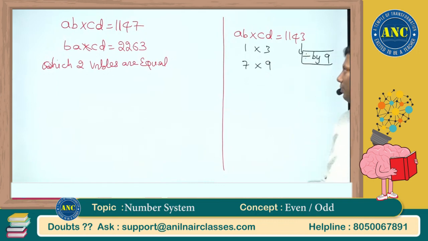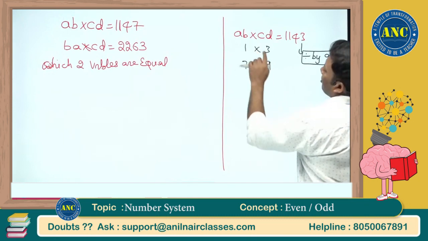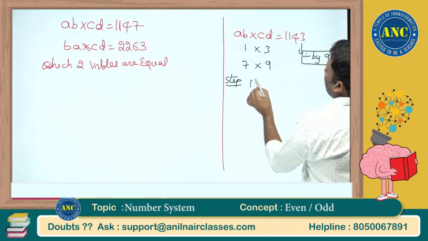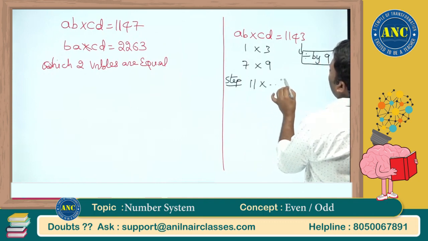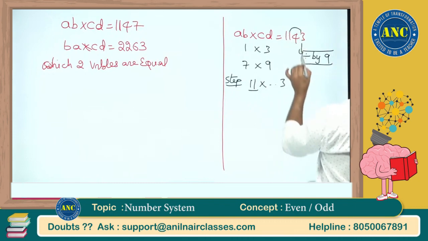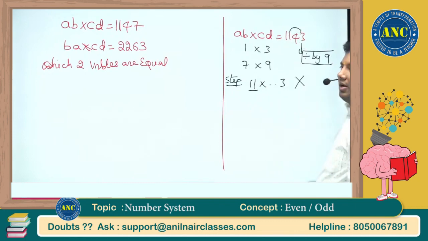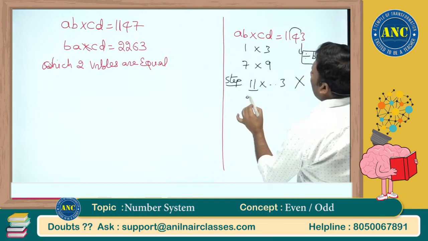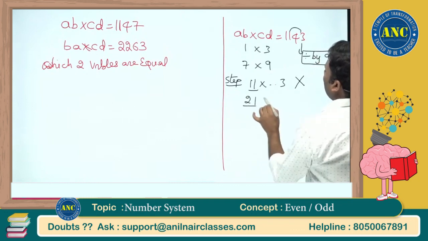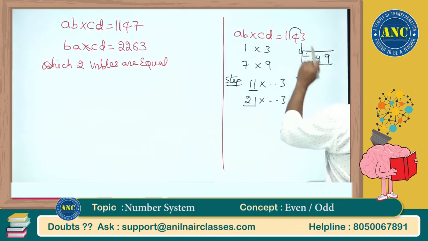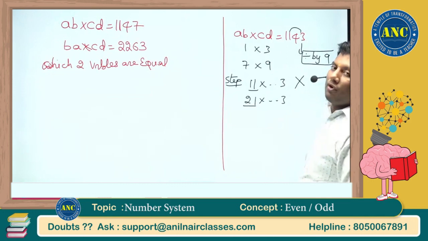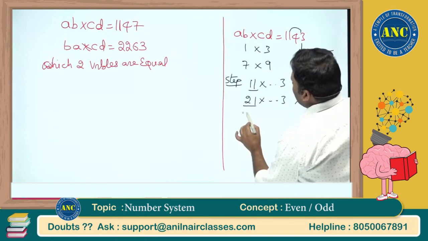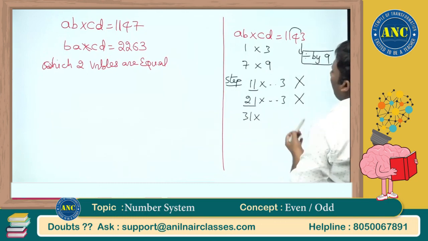If it is divisible by 9, what is the smallest number having unit digit 1 and a 2-digit number? 11 into some number ending with 3. 11: sum of the digits is not divisible by 11, so 11 is out. What is the next number with 1? Which is 21. 21 is divisible by 7. 7 ones are 7, 7 6s are 42. It is not possible. Next is 31.